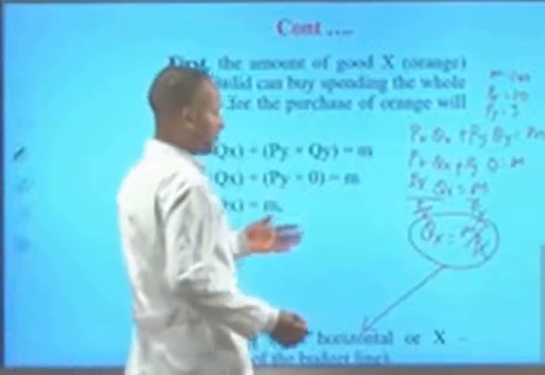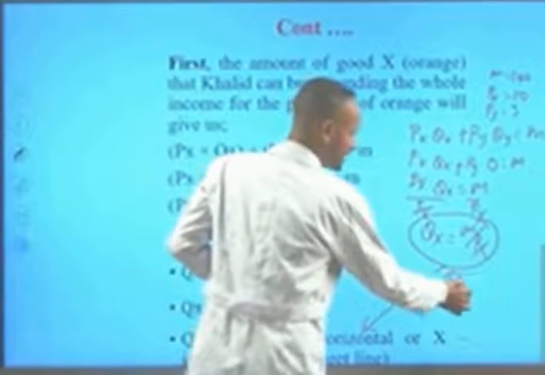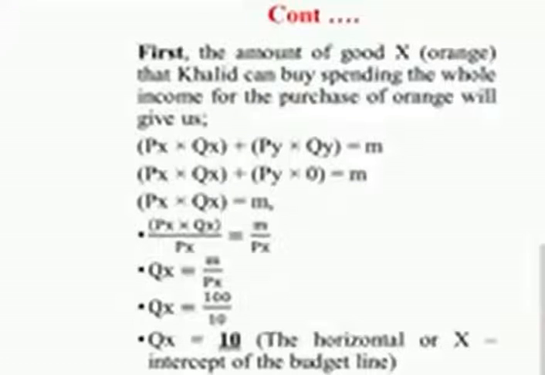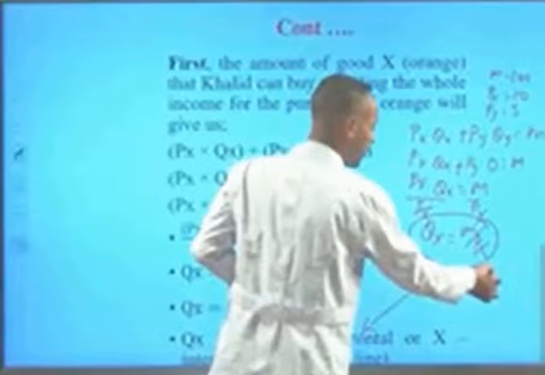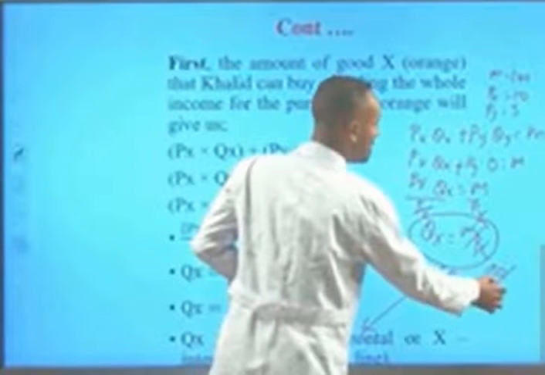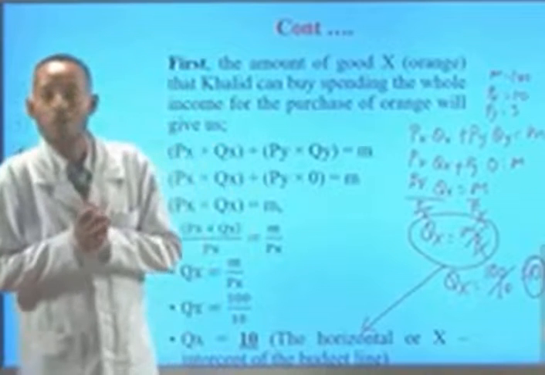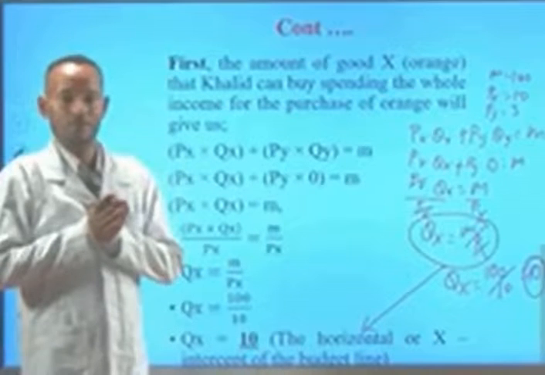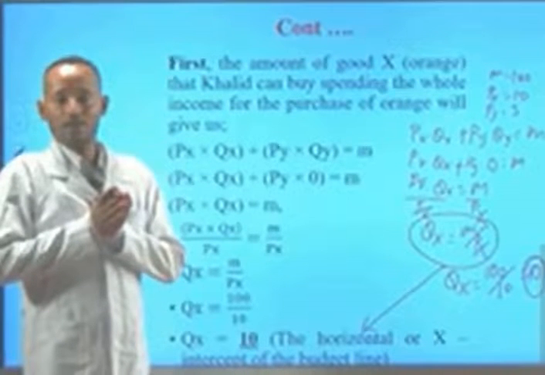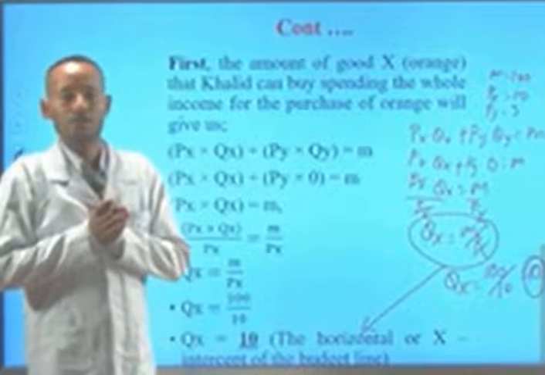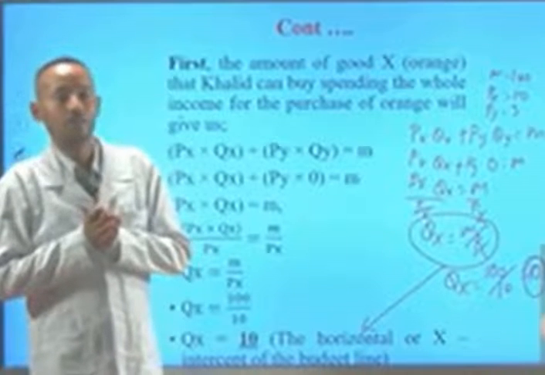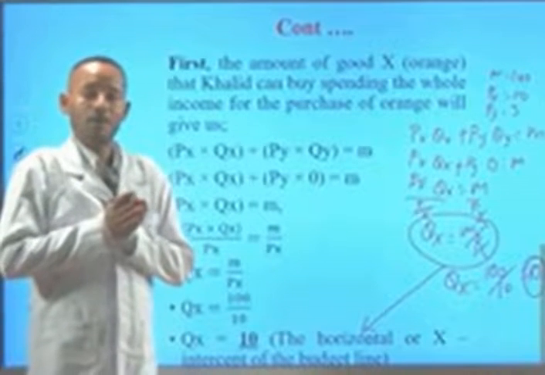So from this example, the amount of commodity X that Khalid can buy, if the price of commodity X is birr 10 and the income of Khalid is birr 100, 100 divided by 10 will give you 10. This is the amount of commodity X that Khalid can buy, spending the whole income for the purchase of commodity X. For example, let's say X is orange and Y is banana.